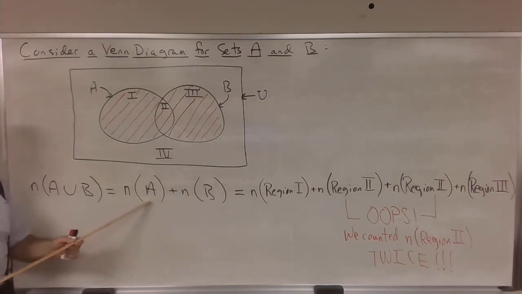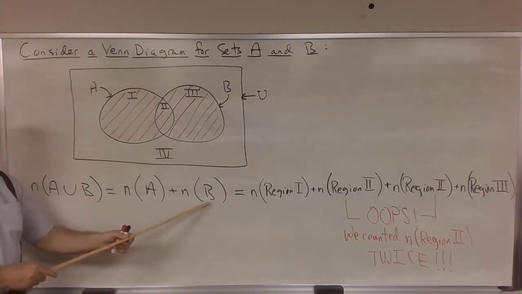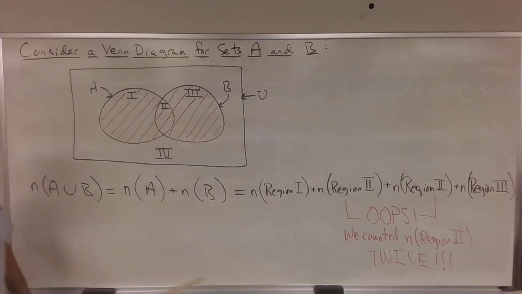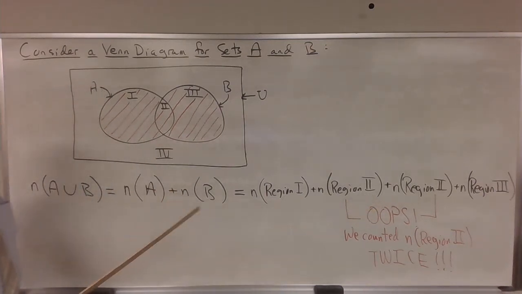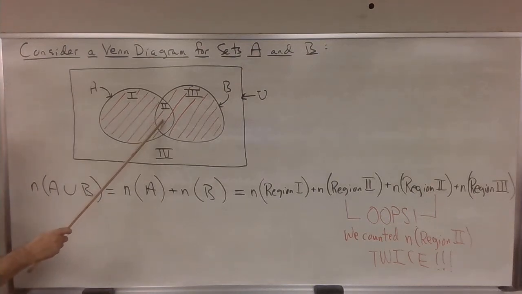Because when we add up the number of elements in set A and the elements in set B, we're counting region 2 twice. Because region 2 is in set A, but it's also in set B.